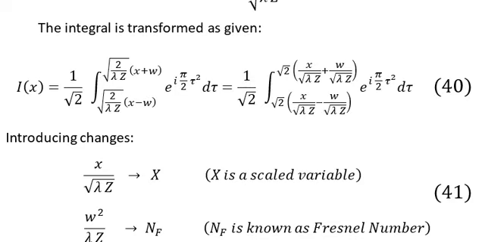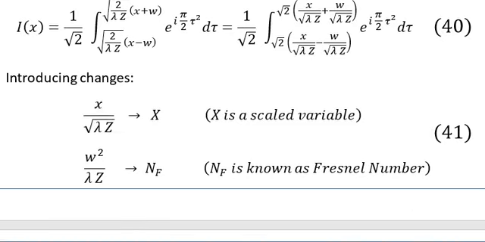Now we are making another change in the limits, introducing scaled variables so that we can further simplify the limits as given in equation number 41. So x over square root of lambda z will be represented by capital X, and w square over lambda z will be represented by NF. NF is known as the Fresnel number, a very important number.